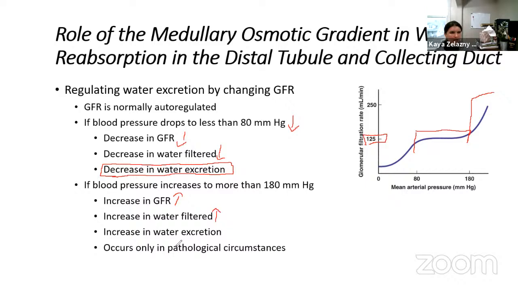Because we have lots and lots of water in the nephron, we're going to excrete more water. So we're going to end up with more water in our urine just because we're pushing lots of water through fast. This would tend to kind of bring this back down potentially, but this is actually only really occurring in pathological circumstances because we shouldn't be up that high.